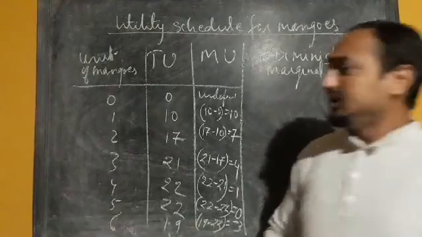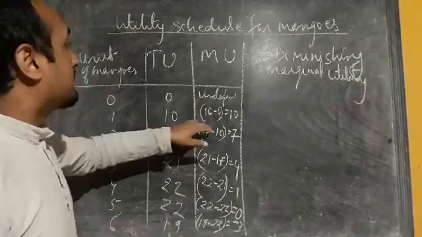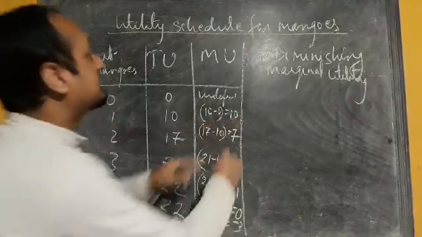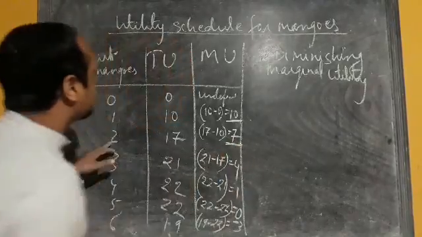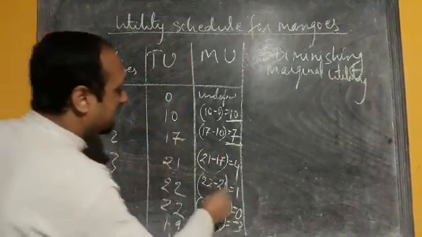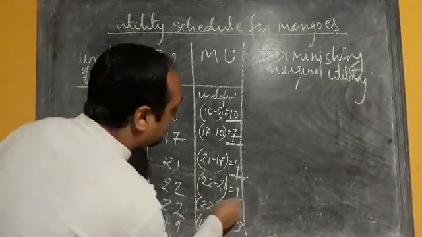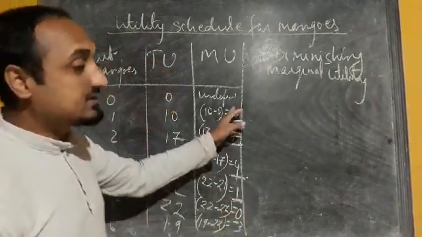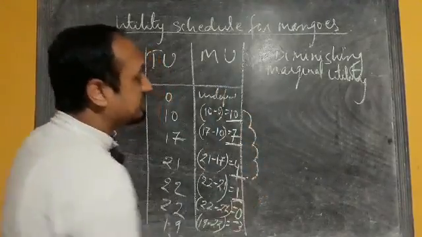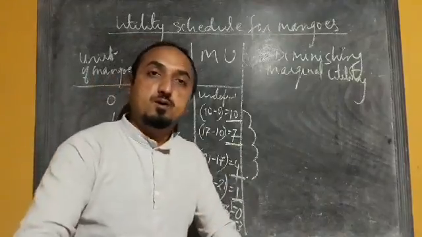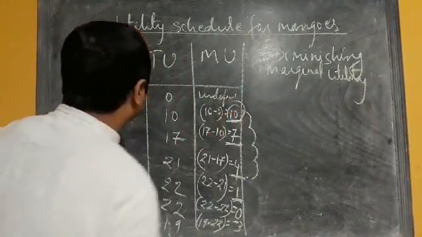Like, suppose when you are consuming the first unit of mangoes, the marginal utility is 10. When we consume the second, the marginal utility is 7. When we are consuming the third, marginal utility is 4, and when we are consuming the fourth unit, marginal utility is 1. So we can see that the marginal utility goes on decreasing when we consume more and more units of commodity. When consuming the first one, we have maximum marginal utility.